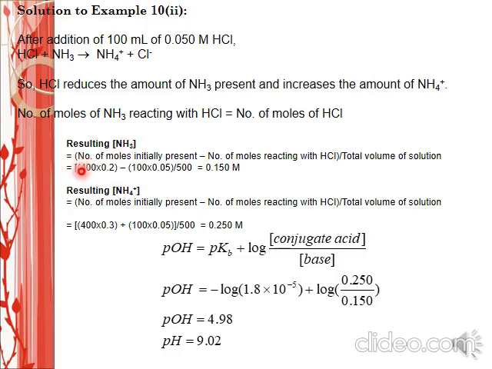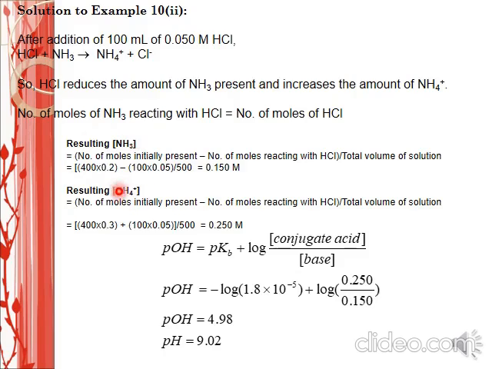So initially present, you have 400 ml of buffer and 0.2 concentration of ammonia, minus 100 ml of hydrochloric acid, strong acid, at 0.005 molar concentration. So minus, over the new volume. 400 of the buffer plus 100 of the strong acid becomes 500. So this would be the new concentration of ammonia.